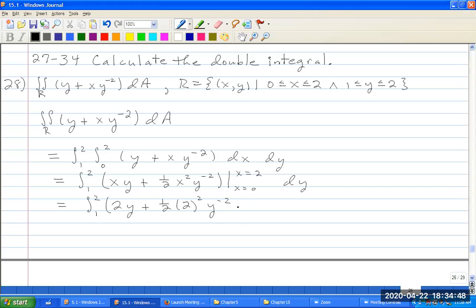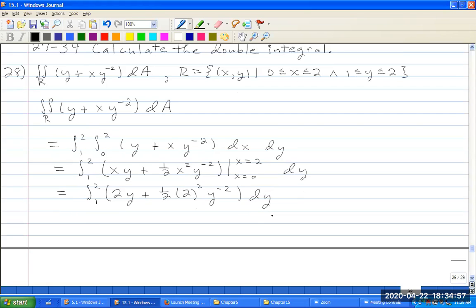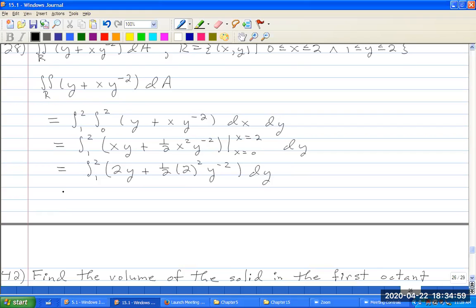Okay, dy. And so this is equal to, actually, let me write this as the integral from 1 to 2 of 2y plus 2y to the negative 2 dy, since 4 divided by 2 is 2.